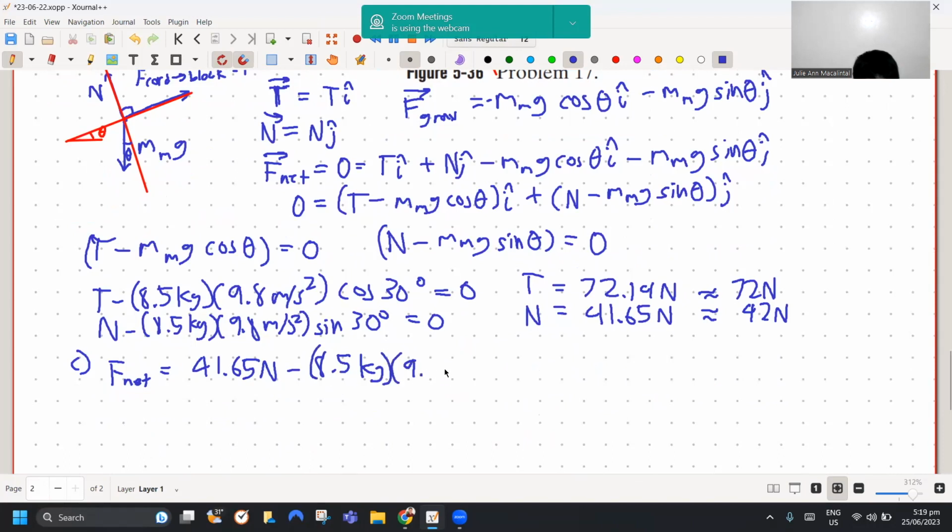Kaya pwedeng paki-identify yung mga forces. Anong forces yan? Don't give me the numbers.